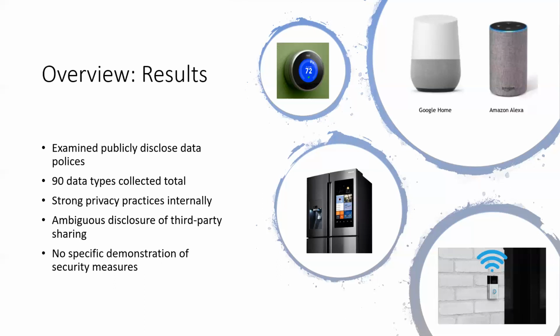Where things started to get a little shaky was when it came to third-party data sharing. Third party means an app or a service that takes the data that might be on those devices and uses it for their own use or service for the user.